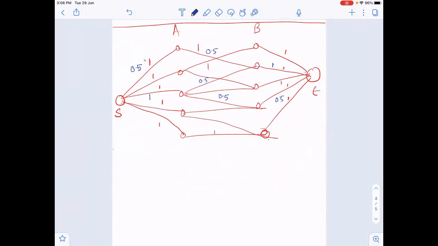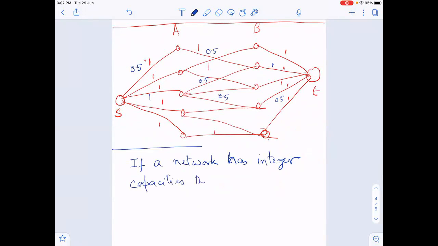The theorem is that if a graph or a flow network has integer capacity, then there exists a max flow with integer flows.